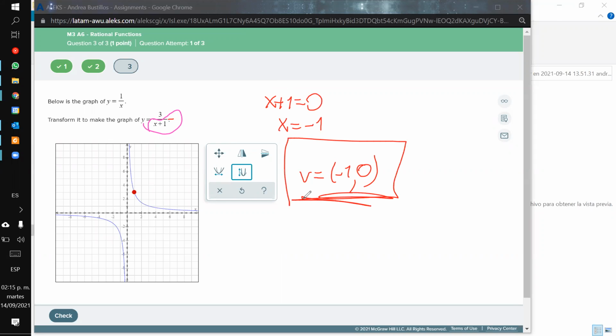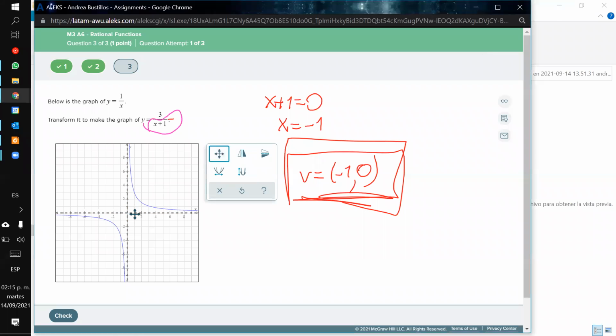So the new vertex or center of my graph is going to be -1, 0. So I have to move my entire graph to -1, 0. Here's the new center. I have applied both transformations, and that's it.